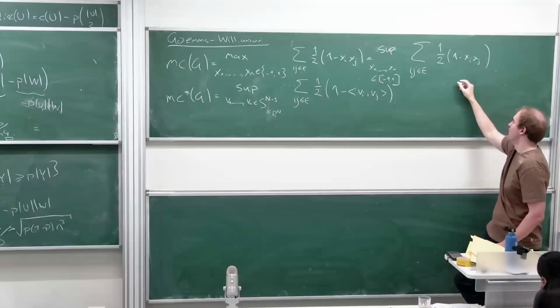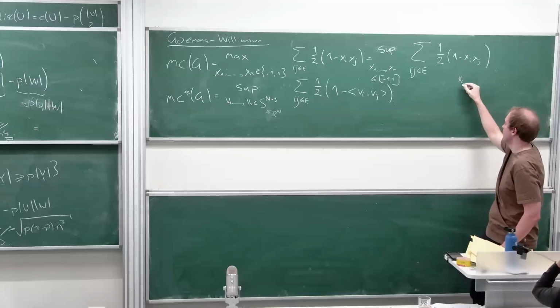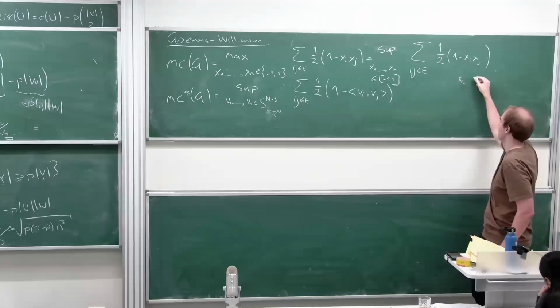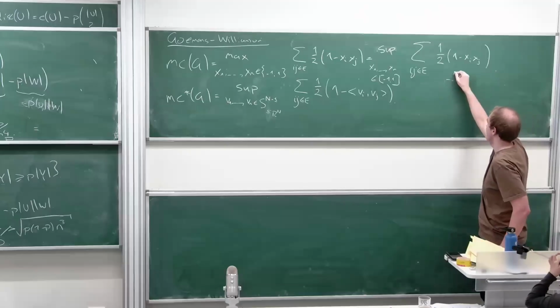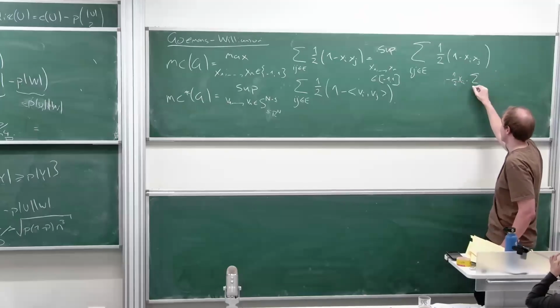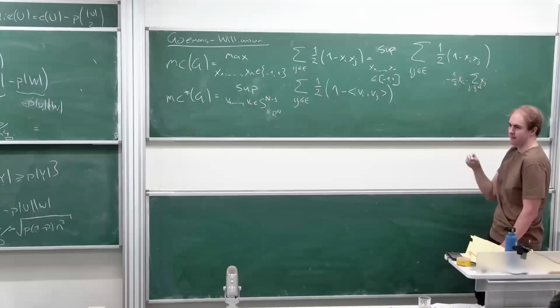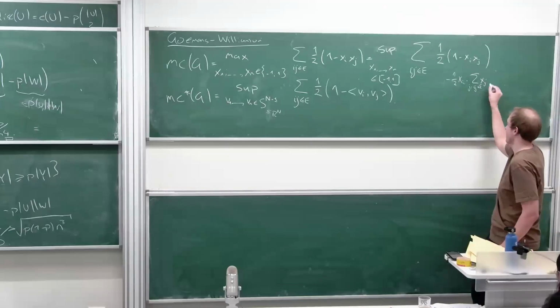So for x_i, the function is going to be something that depends on the other variables; I think it's minus half times x_i times the sum over those j for which ij is an edge, of x_j. Now if you fix all the other variables, this is just going to be some constant.